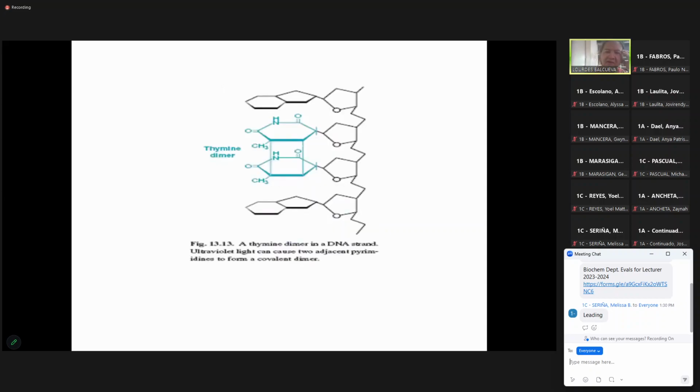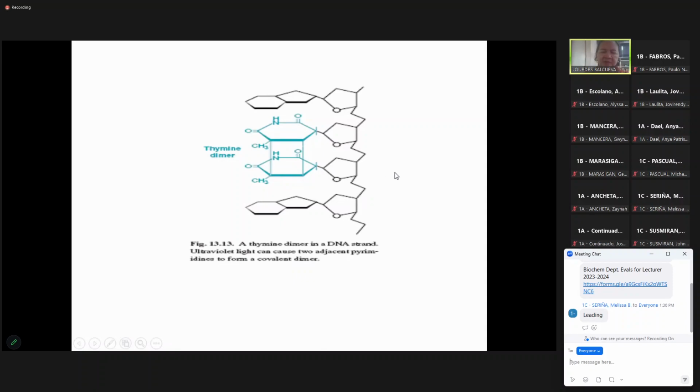And this is by what? By ultraviolet rays. So if there are two thymine nucleotides that are side by side each other, no?